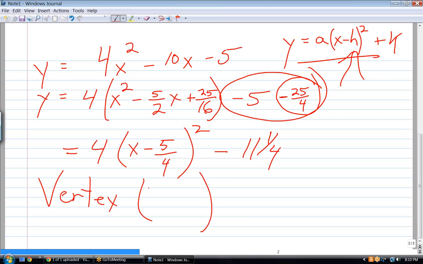Positive 5/4, negative 11 1/4. Notice this format. It's x minus h. So when we got x minus 5/4, h had to be a positive 5/4. Okay. And k is plus k. We got minus 11 1/4, so k must be minus 11 1/4.